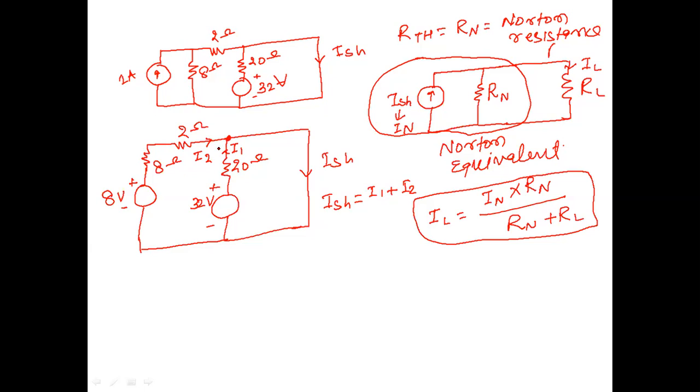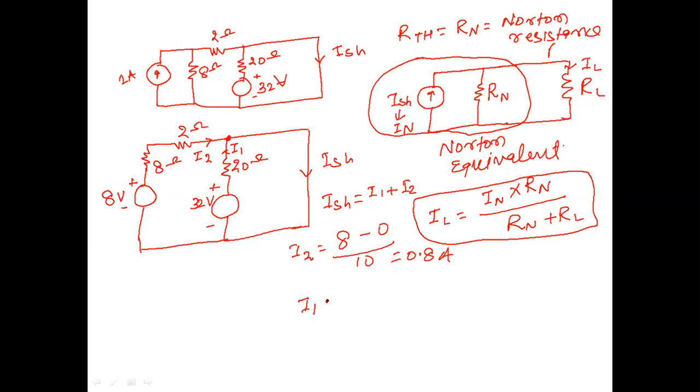Let us see how to find them. This is the 8 volt and here voltage is 0. Potential difference divided by resistance is called current. So I2 will be equal to 8 minus 0 divided by 10 ohm. So this will be 0.8 ampere. In the same way we can also find I1.